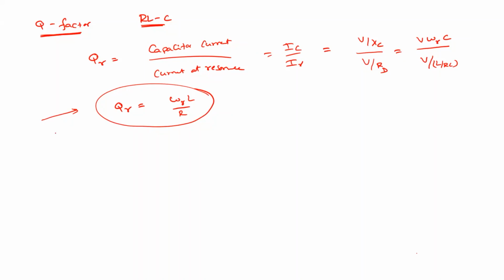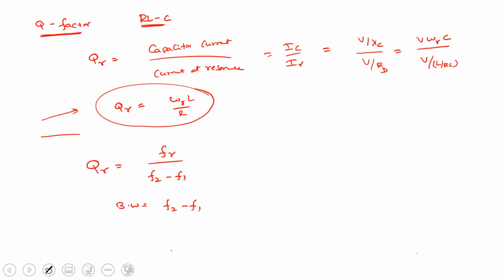Similarly, for the other terms. If this QR is known to you, with the upper and lower half-power frequencies, QR can be written as FR by F2 minus F1. So here also the bandwidth is F2 minus F1, or FR can be written as the square root of F1 F2.